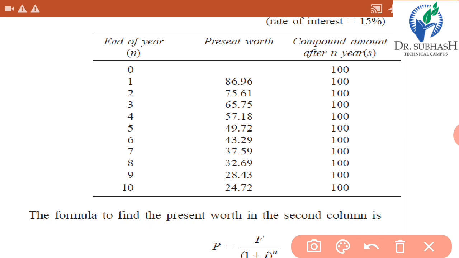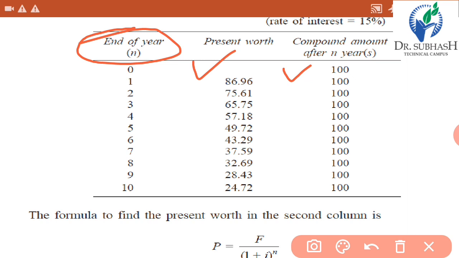Here we have the end of year 0 to 10. In the second column we can see the present worth, and the third column is the compound amount after n years.